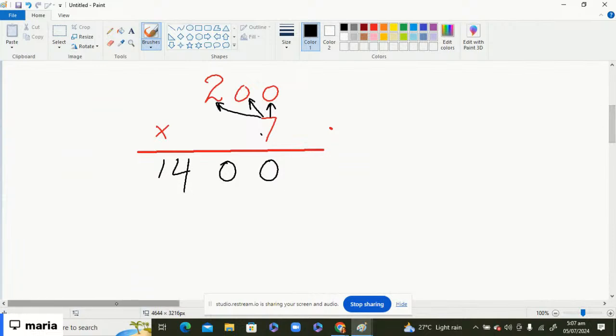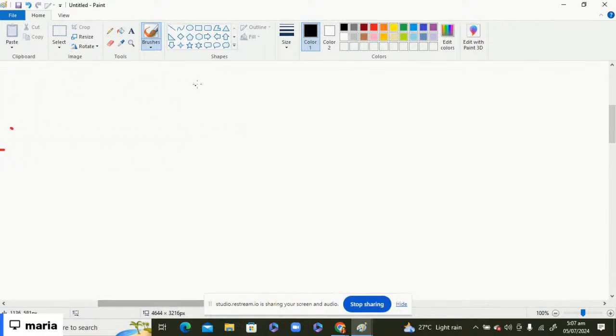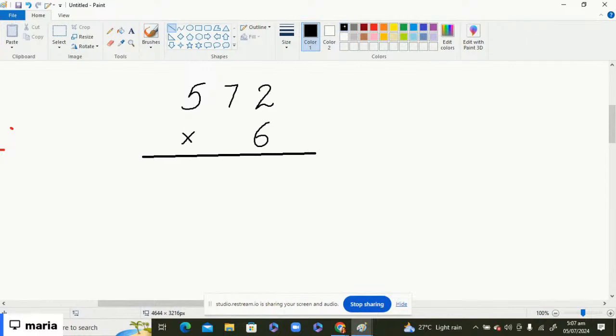Now let's take another one. If I take 572 times 6, you tell me how we can solve it. First we multiply this 6 with that 2, then with the next, and then with the next.